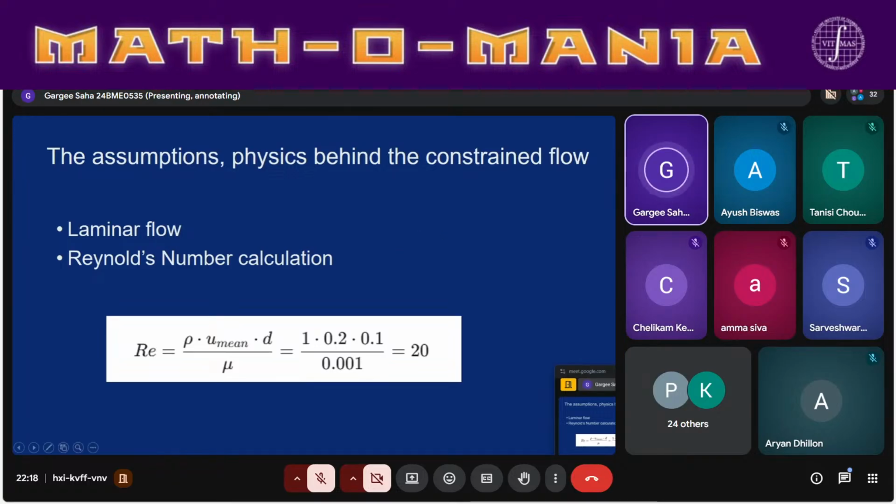Another thing that we need to discuss in modeling laminar flow in CFD is that the mesh that we are using has to have enough resolution that it can accurately capture the velocity profile. And it should also have sufficient accuracy to predict when the flow will transition into turbulent flow.